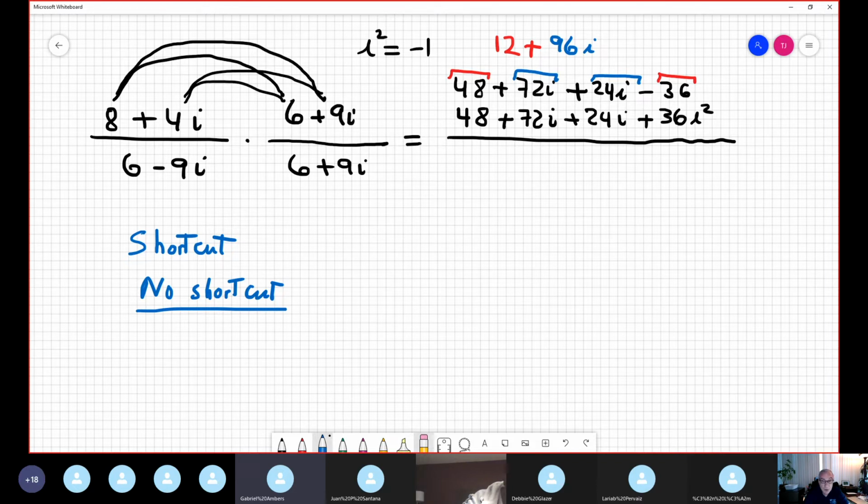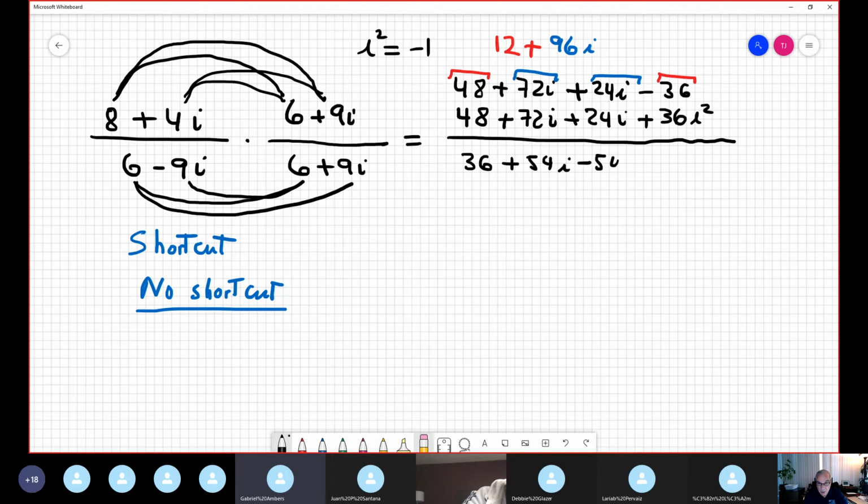Okay, let's do it. You multiply 6 times 6, 36. 6 times 9i, 54i. Negative 9i times 6, negative 54i. Do you see how the imaginary part is cancelled out?